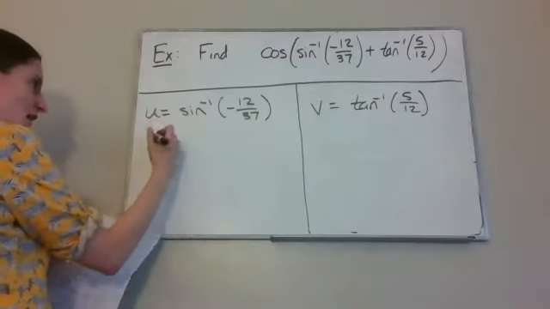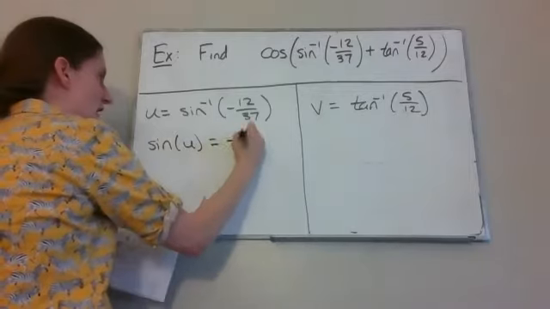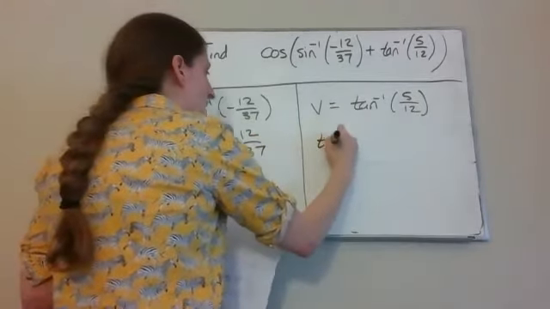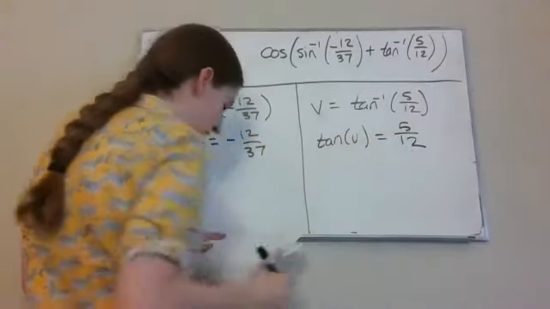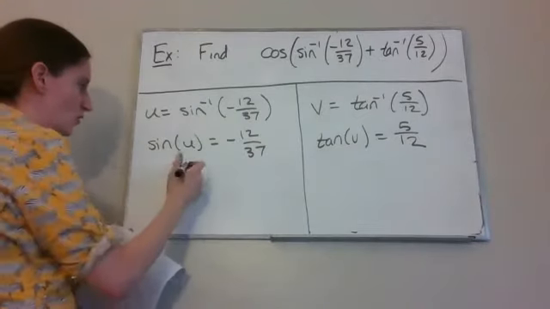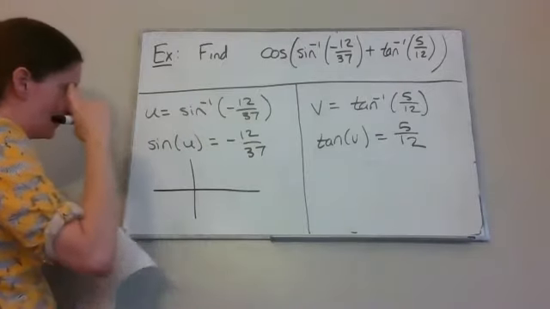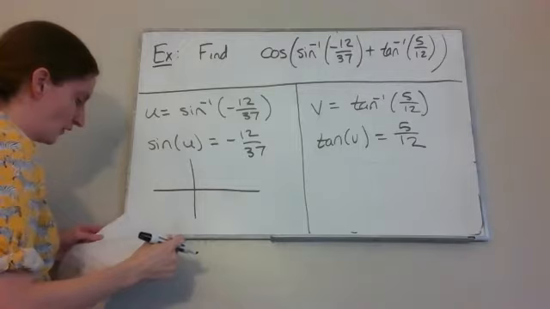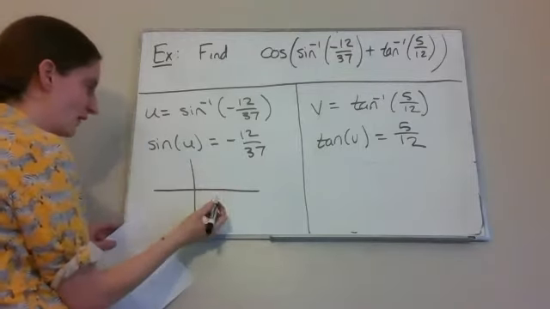So this side tells me that sine of u is equal to negative 12 over 37. And this side tells me tangent of v is equal to 5 over 12. So now we have to figure out what the whole triangle looks like. So if sine of u is negative 12 over 37, I'm going to be somewhere where my sine is negative.